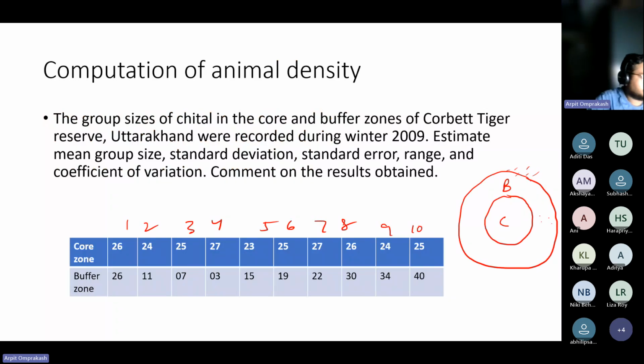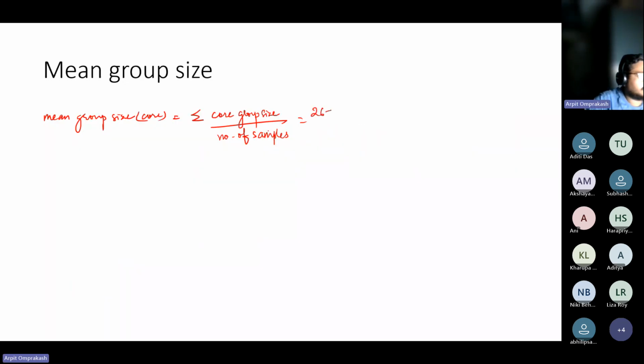Basically, we do 26 plus 24 plus 25 divided by 10.